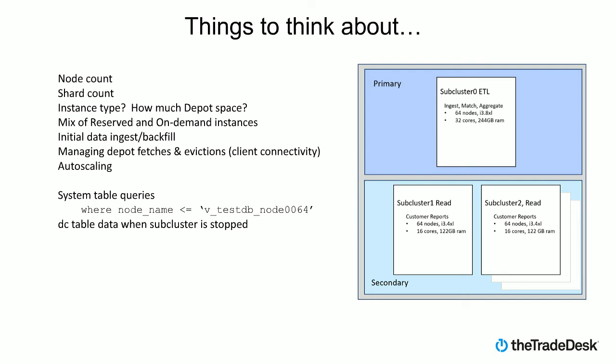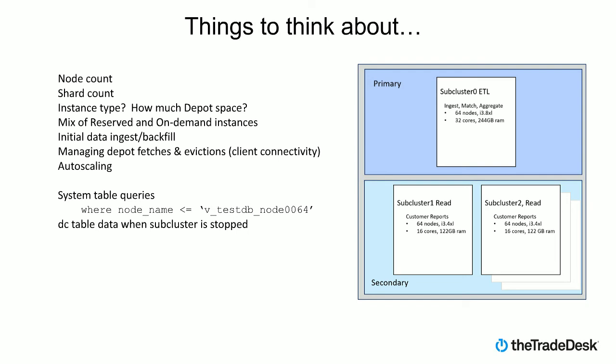We're probably going to want to have a mix of reserved and on-demand instances if you're a 24/7 shop like we are. So our ETL subclusters are reserved instances, because we know we're going to run those 24 hours a day, 365 days a year. So there's no advantage of having them be on demand. On demand costs more than reserved.